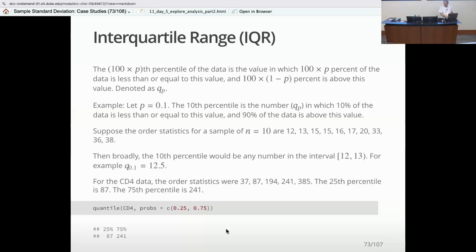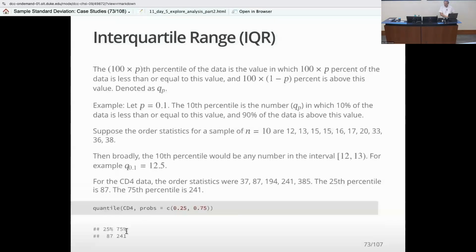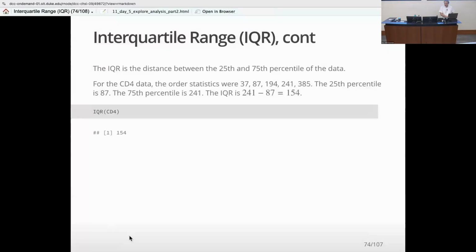So here, I'm showing you for our N of 5 CD4 count values, how we can calculate the 25th and 75th percentiles. So it's 87 and 241. And then the interquartile range is just subtracting the 25th percentile from the 75th percentile value.